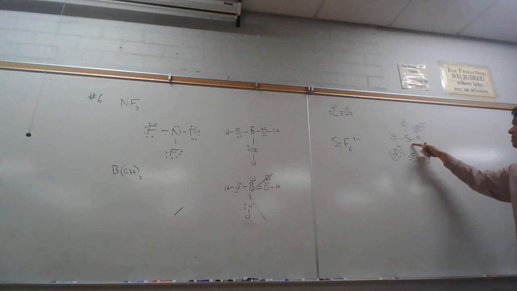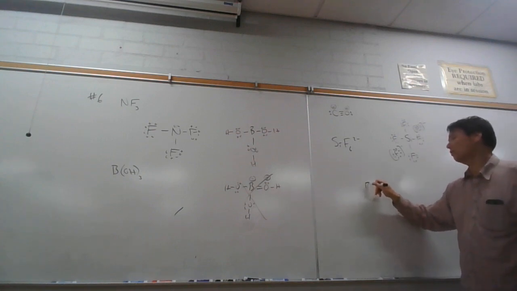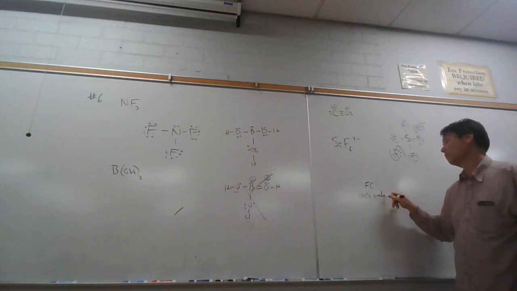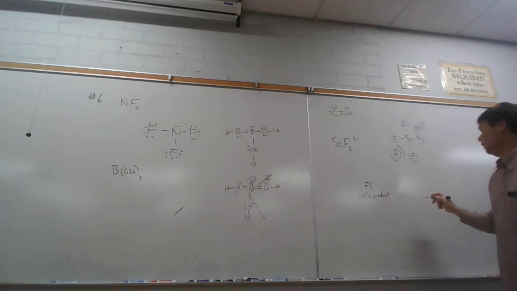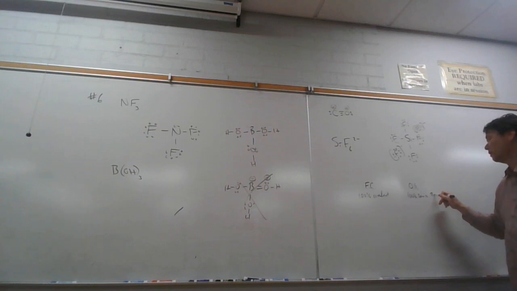The actual charge is somewhere in between the two limits. For formal charge, we have the limit of 100% covalent bonds, and for oxidation state, we have the limit of 100% ionic bonds.